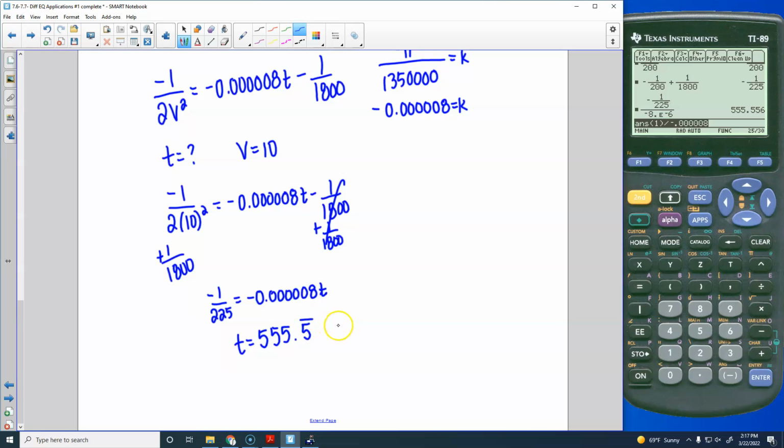What are our units for that? Minutes. Now, instead of using 30 as your time, you could have chosen to use 0.5 as your time. You'll get a much smaller number, but it would be in hours. So if I don't put minutes, do I lose a point?